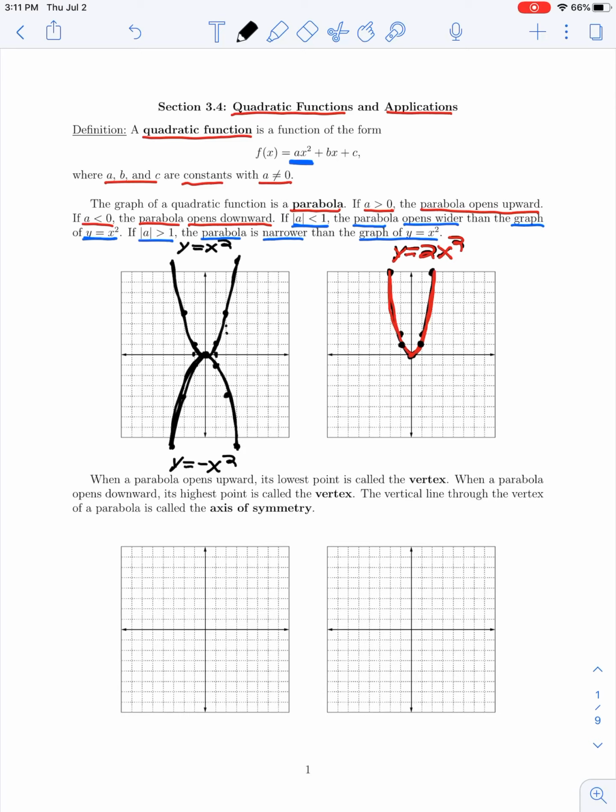When x was plus or minus 2, we had 4 for our value. And when x was plus or minus 3, we had 9 as our value. So the graph of x squared is opening a little wider than the graph of that 2x squared.